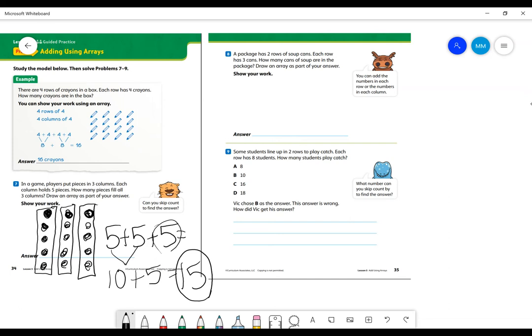A package has 2 rows of soup cans. So I'm going to go ahead. I know rows go side to side. So I'm going to make 2 rows. 1, 2. A package has 2 rows of soup cans. Each row has 3 cans. How many cans of soup are in the package? Draw an array as part of your answer. So I already have my 2 rows. How many will I draw for each row?